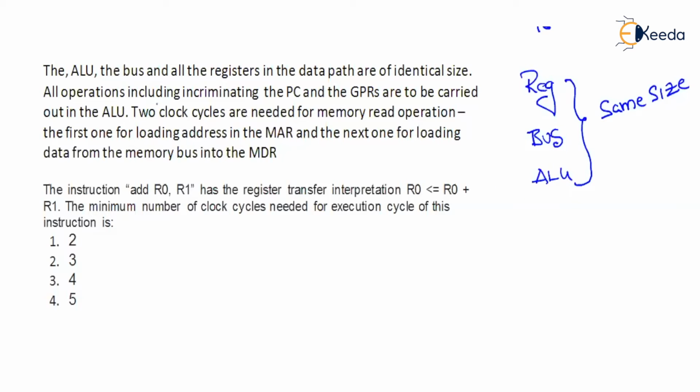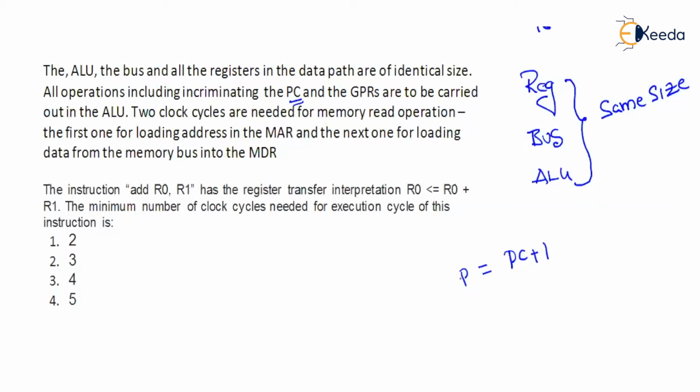All operations, including incrementing the PC and the GPRs, are to be carried out in the ALU. So he's talking about incrementing of the PC. PC will be incremented: PC equals PC plus 1. You know that, right?